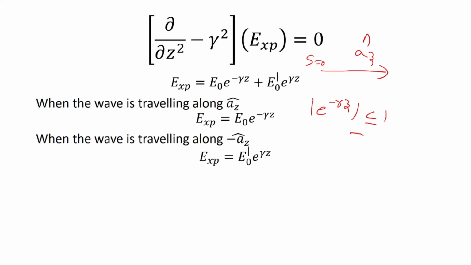This cannot be greater than 1. For this to be not greater than 1, z needs to be always positive. Therefore, if the wave is traveling in the positive z direction, this would be the expression of the phasor, and if the wave is traveling in the negative z direction, this would be the expression of the phasor.